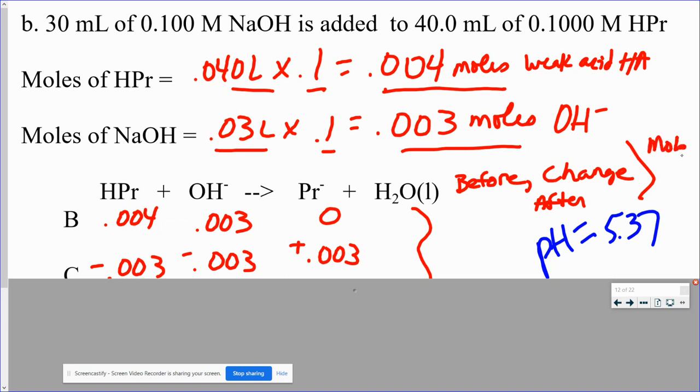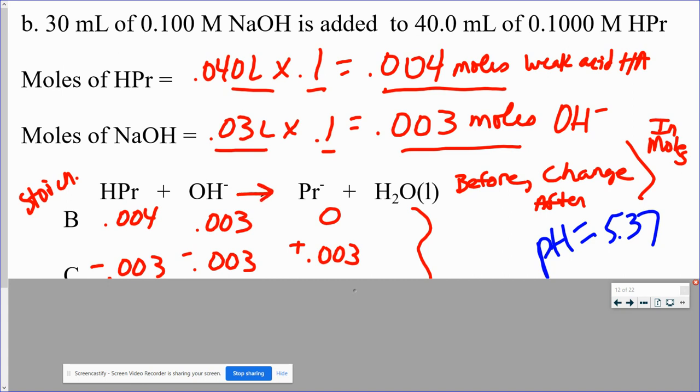This is the stoichiometry part. So it's different from ICE because it's in moles, whereas in the ICE problems, that's in molarity. So with the BCA, this is for stoichiometry reacting our acid with our base. It's a single arrow because it's not reversible, okay?